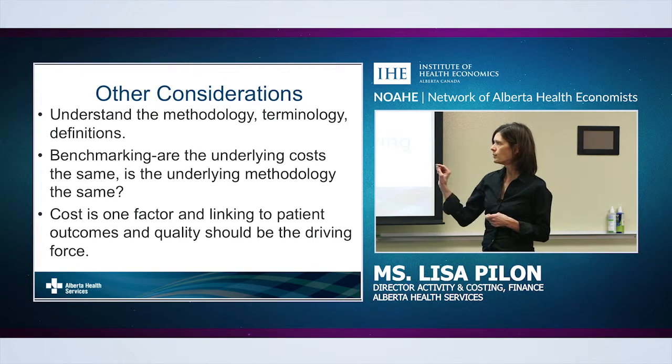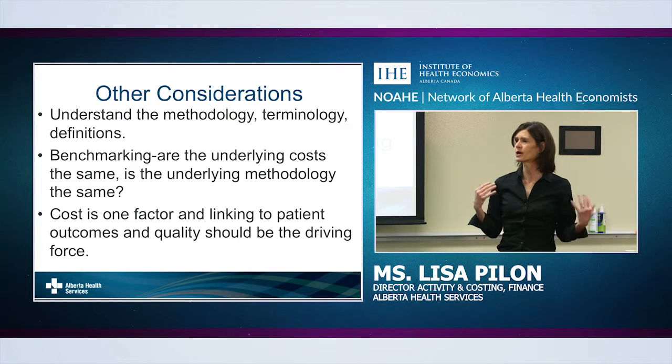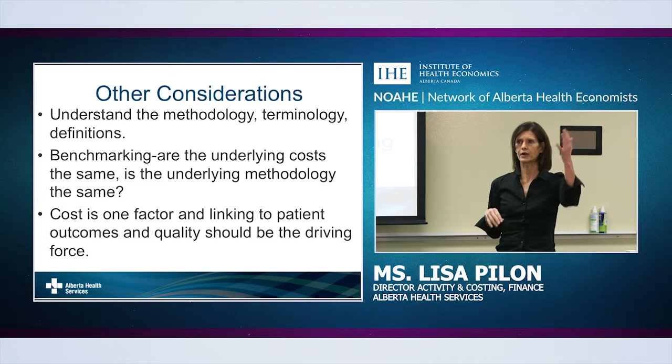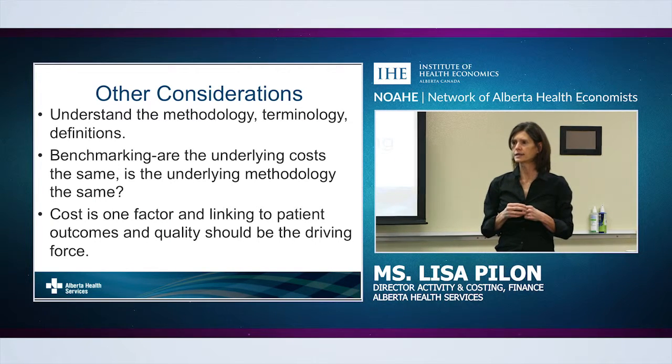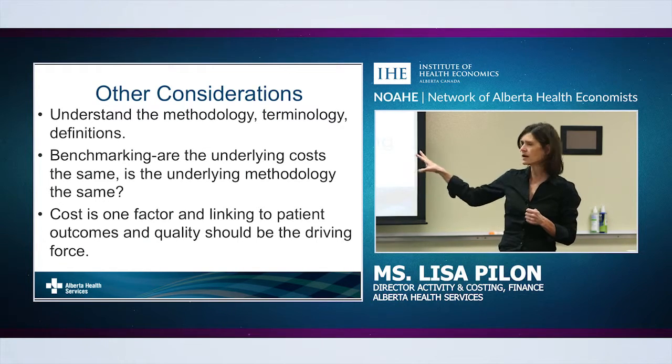And then important, of course, to note is cost is one factor. Linking to patient outcomes and quality should be the driving force. So for example, when I use an example that says, let's put them out transparent, and Dr. A has 10 tests and Dr. B is ordering 5, well, we're not going to say, Dr. A, cut your tests to 5 because we need to get all the tests to 5 if the outcomes suffer.